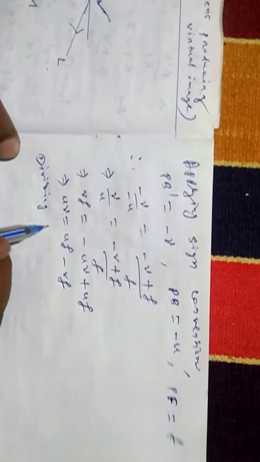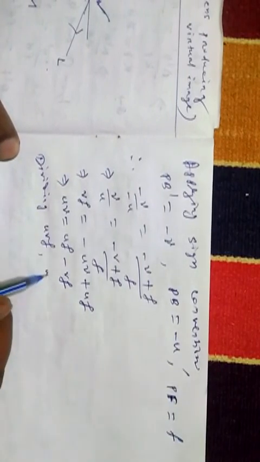Now dividing by uvf, we get uv by uvf is equal to uf by uvf minus vf by uvf.